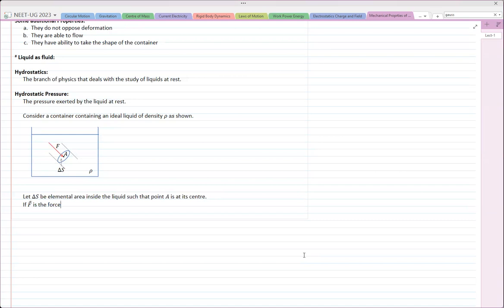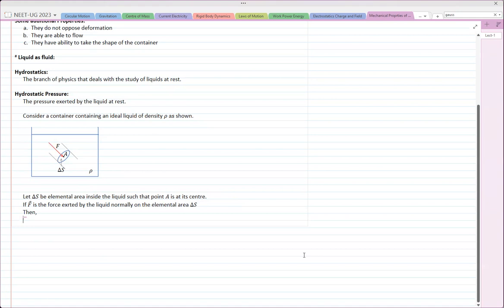F bar is the force acting normally, or you can say force exerted by the liquid, okay, normally on the elemental area delta S, then what happens? Then pressure at point A can be calculated as, how do we calculate?